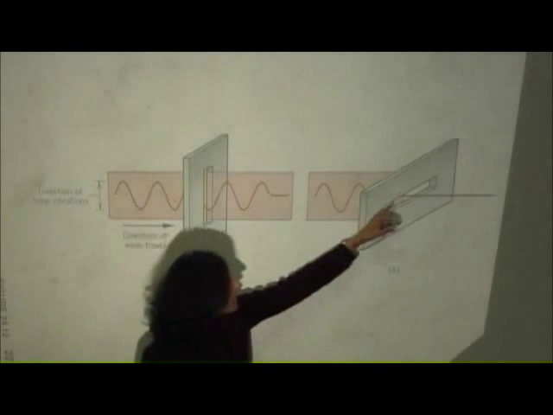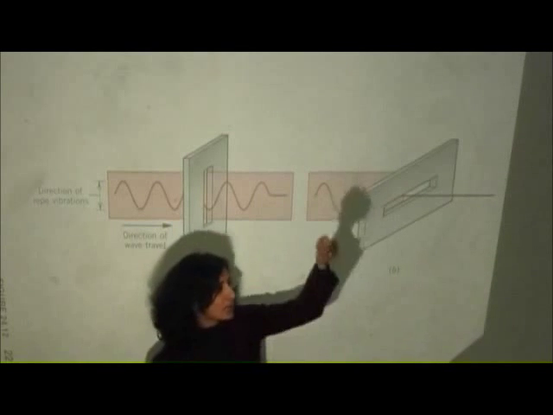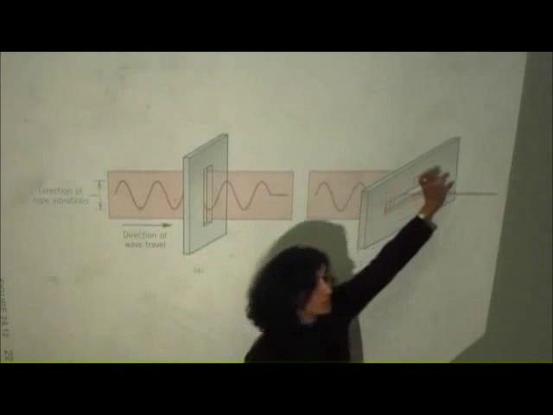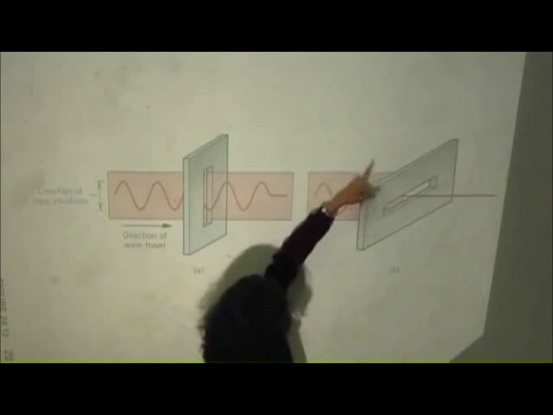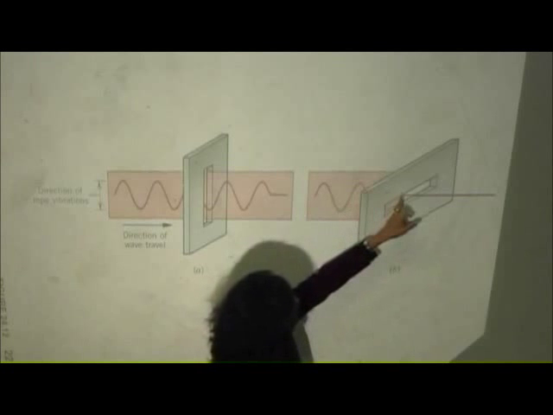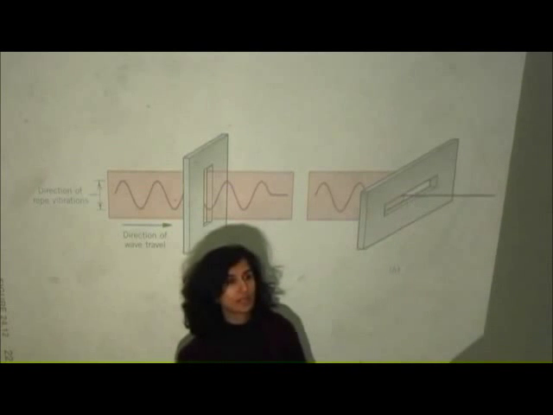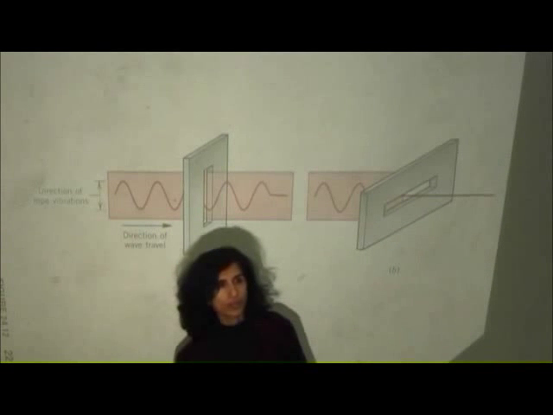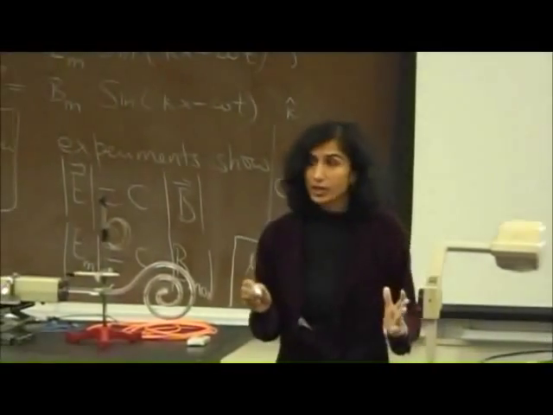On the other hand, if somebody is holding the slit this way and he starts vibrating it up and down again, perpendicular to the direction in which the slit is, do you see that the particles of the medium are not able to vibrate beyond this point, and hence the wave is not going to come to me on this side. It will get obstructed by this. Do you see? And this is the phenomenon of polarization, the fact that there is a preferred direction for these things.